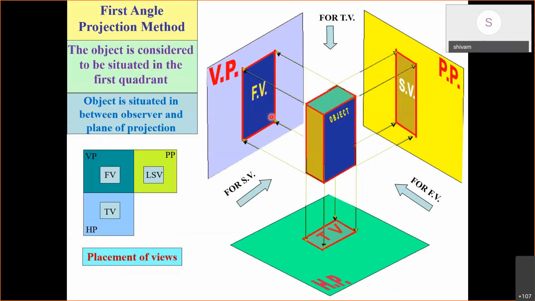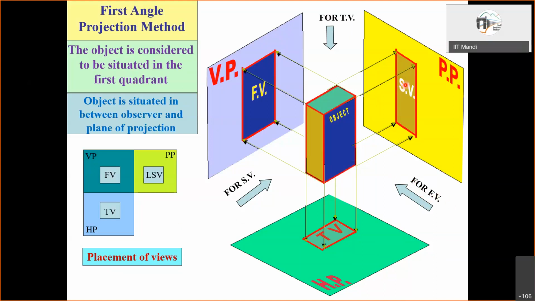Sir, I am having a doubt, like how are you telling that side view is left or right? See, if we decide that this is for front view, we are looking from this side. This arrow is showing that we are looking at the object for front view from this side. So with reference to this, if you are looking from this side, you are obtaining the left side view.